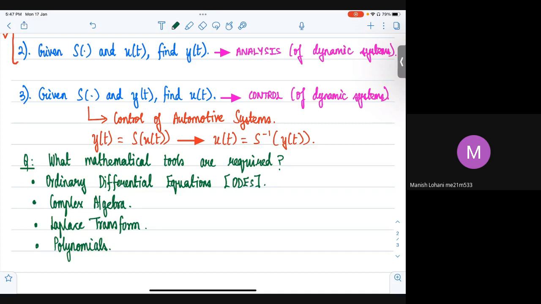These are some mathematical tools that will be required as part of this course. As I mentioned, we will recap the relevant important concepts as we go along, and I will do examples in class. I will also give you homework problems to solve, so that you can do them and gain confidence as we go along.